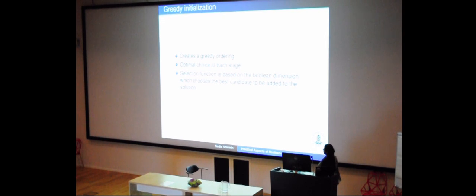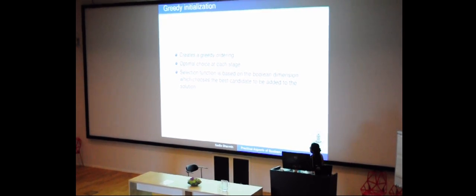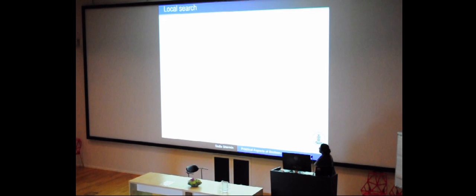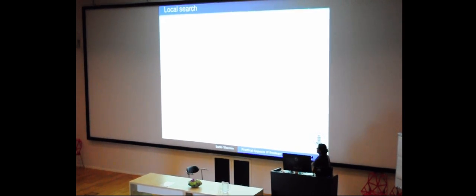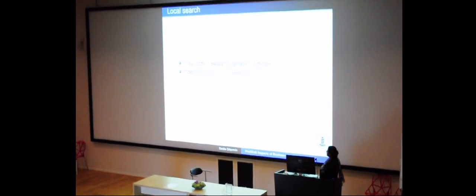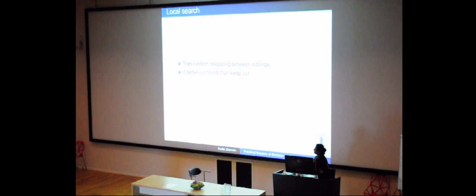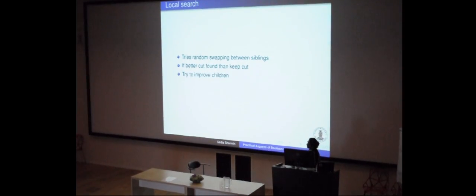And then in this way, after having an initial decomposition tree, we tried local search to see if the Boolean width of the decomposition can be improved. And it was done by trying random swapping between siblings in the decomposition tree. And if a better cut is found, then we keep the cut and then try to improve the siblings.